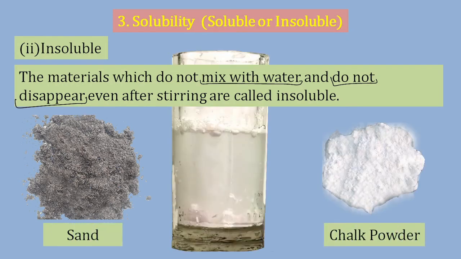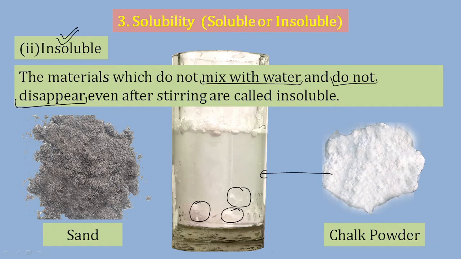If we try to mix the chalk powder with water, then we can see clearly that the chalk powder is visible inside the glass, which means it is not mixed properly. So we can say those materials that are not mixed in water completely, or that do not disappear after mixing in water, are called insoluble materials.